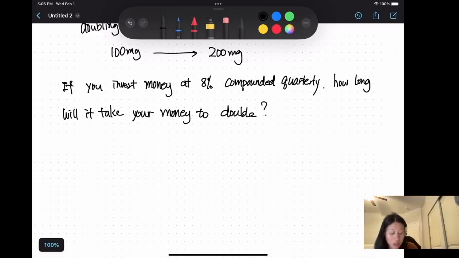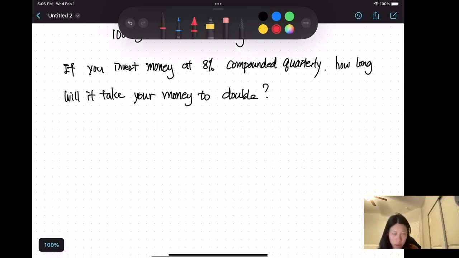Okay, so this is a compound interest problem. So that means the formula we should use is f(x) equals the original amount times 1 plus r divided by the compound frequency k, to the kt, right?